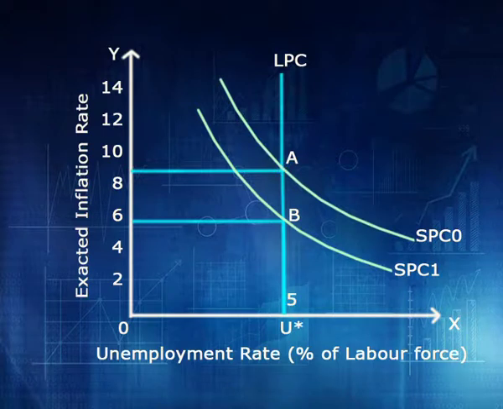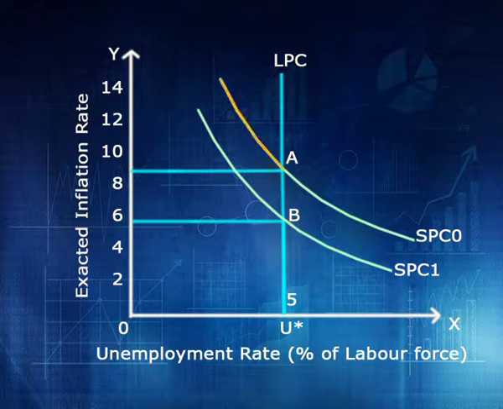The movement along a short run Phillips curve occurs as a result of changes in aggregate demand. When there is an unanticipated increase in aggregate demand, the inflation rate rises more than the expected rate and gross national product increases, causing a fall in the unemployment rate.